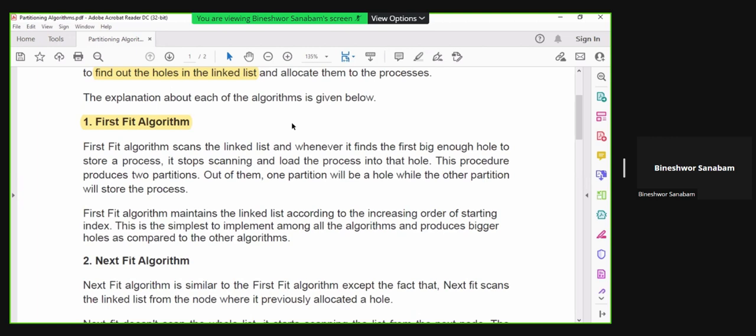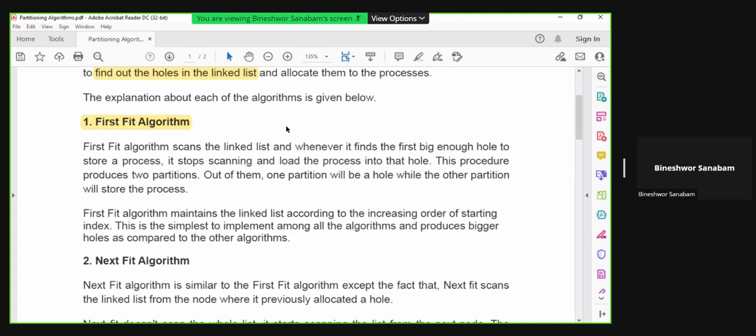Whenever we find a partition big enough to give to a process, we give it to that process and stop scanning the memory. This procedure produces two partitions: one will be a hole, while the other partition will store the process.